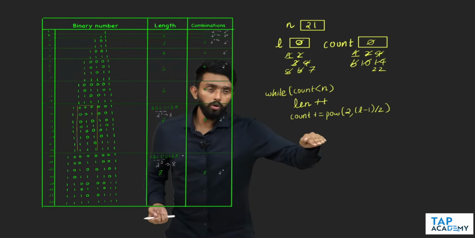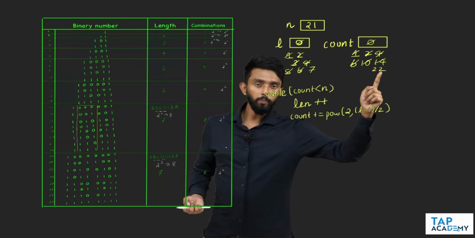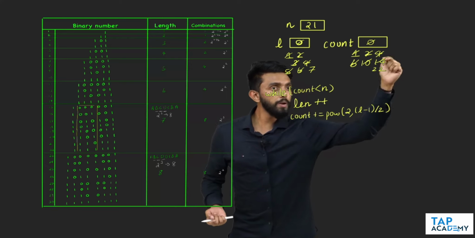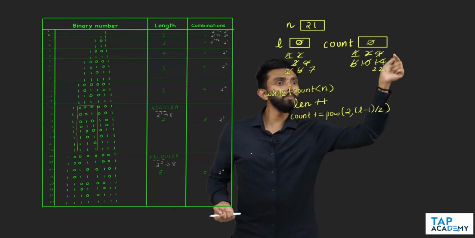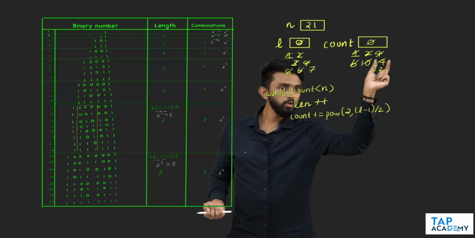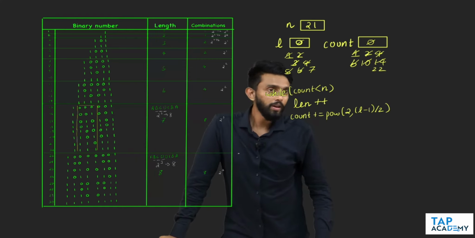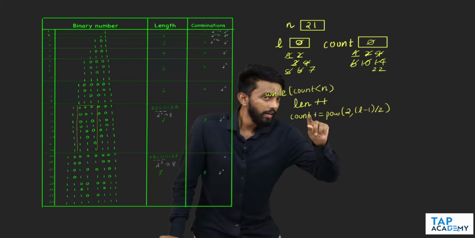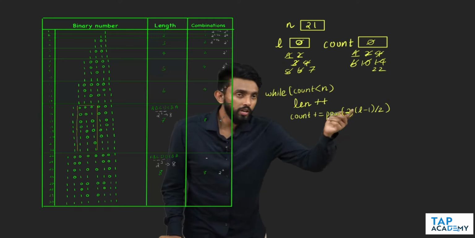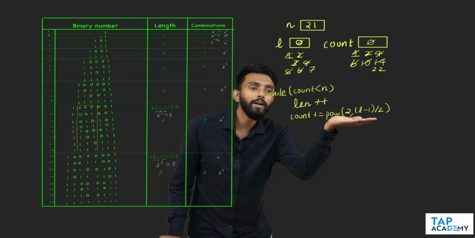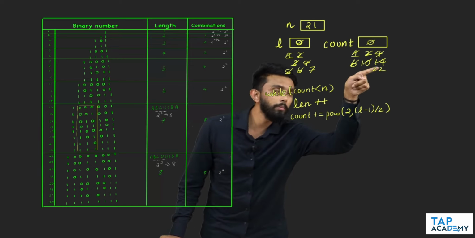When you came out of the loop, count was 22. If I can bring count back to its previous value, which is 14, that is what we also wanted. I hope you are able to think. In the last iteration, when I did count equals count plus power of 2 to the power (L minus 1) divided by 2, from 14 I became 22.